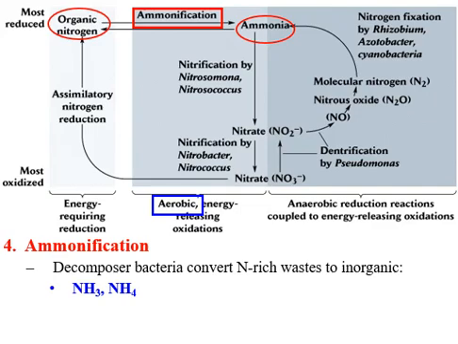This organic nitrogen is in different forms, uric acid, urea. It's broken down by decomposers, primarily bacteria, and converted to ammonia or ammonium, NH3 or NH4. Now that, as we saw, can be converted to nitrite, NO2, and nitrate, and go back into plants, be available for plants again.